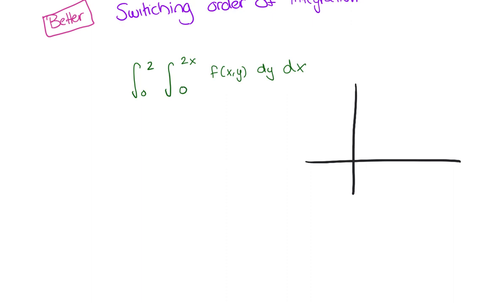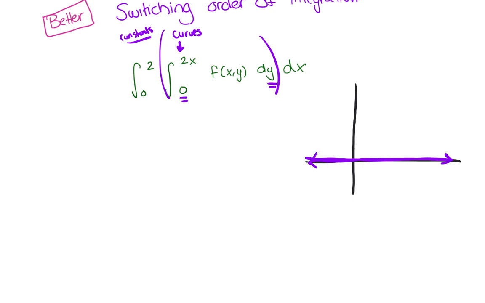So what is my region of integration going to look like? It goes from y equals 0. So remember, inside is always curves, outside is always constants. So the curve y equals 0, that's going to be this entire x-axis.